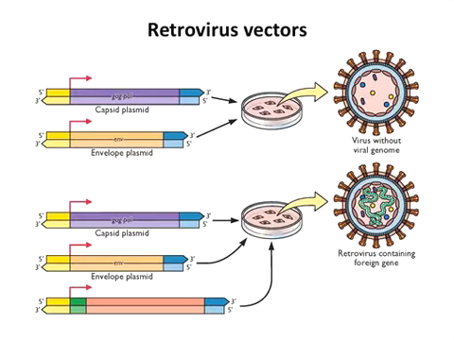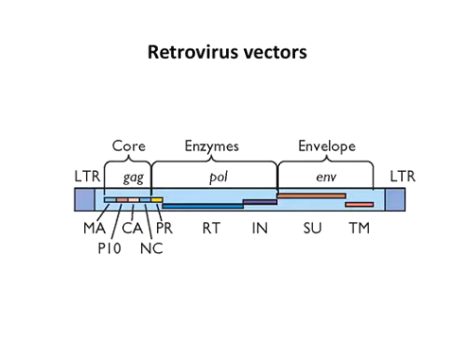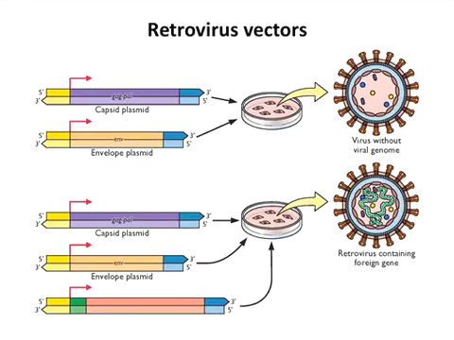You can separate these genes on different plasmids. For example, the core genes make the capsid. The enzymes include the reverse transcriptase, which the virus needs to replicate, and the envelope is the glycoprotein on the virion surface that's needed for attachment to receptors.